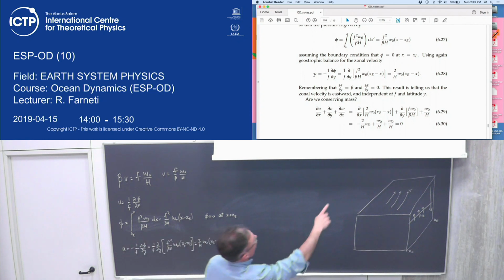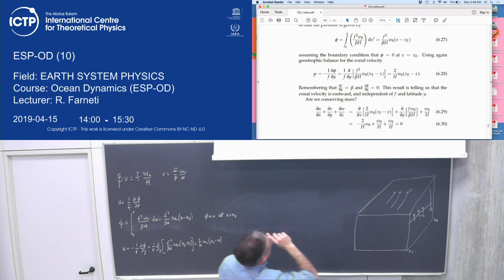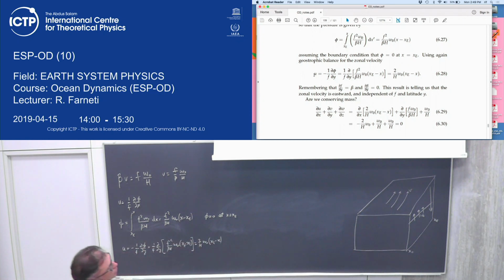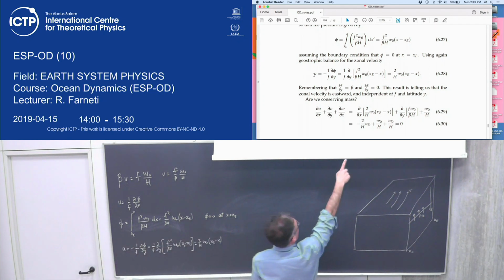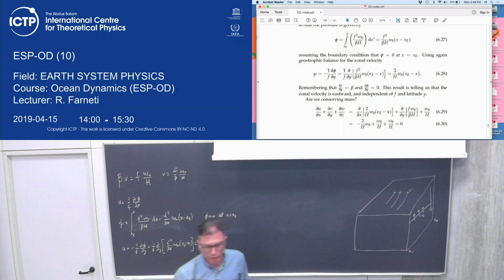Okay, so that's the second term, and the vertical velocity w naught over h. And that gives you twice w naught over h minus twice w naught over h, so we are conserving mass, okay, which is the first important thing.